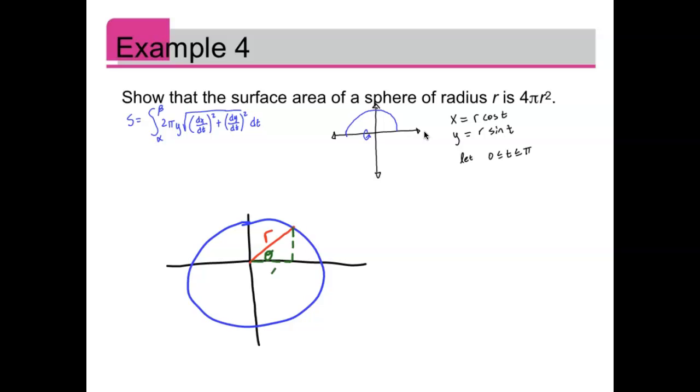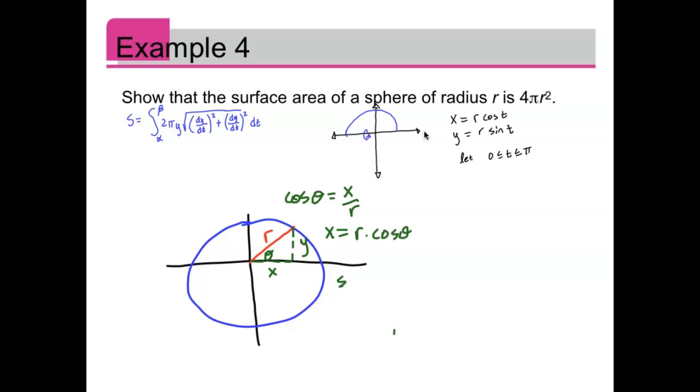And I'll call this x, and this is y. Then cosine theta is, other way around, x over r. Adjacent over hypotenuse, x over r. So x equals r times cosine theta.